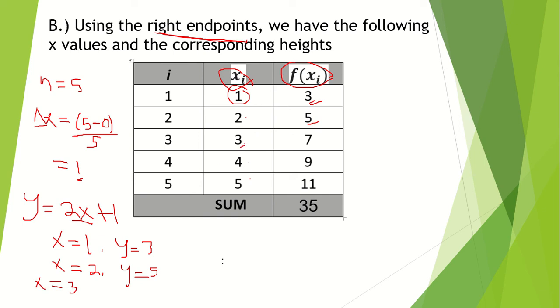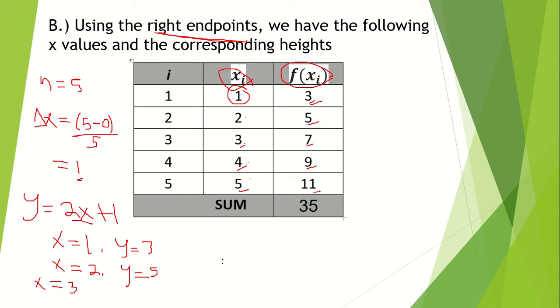So 2 times 3 is 6, plus 1 will give us 7. Then, fourth rectangle, if x is equal to 4, 4 times 2 is 8, plus 1 will give us 9. Finally, for our fifth rectangle, if x is equal to 5, 5 times 2 is 10, plus 1 will give us 11.